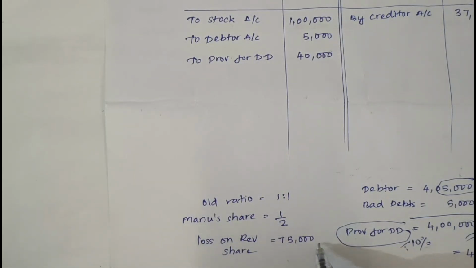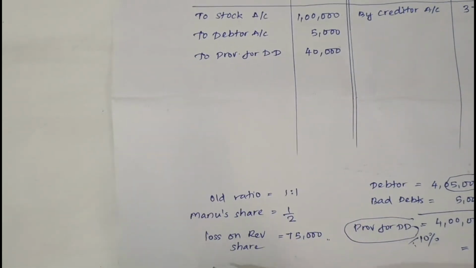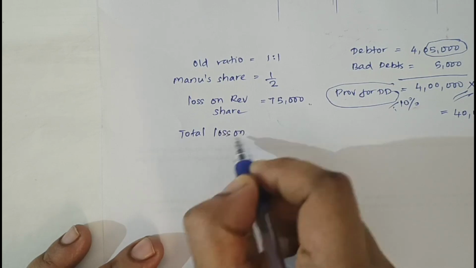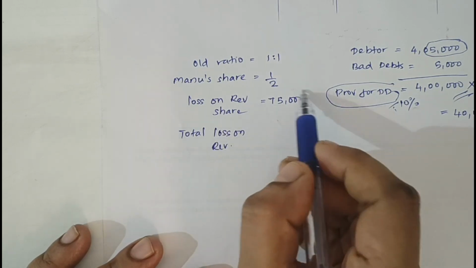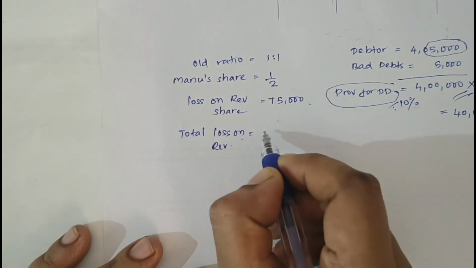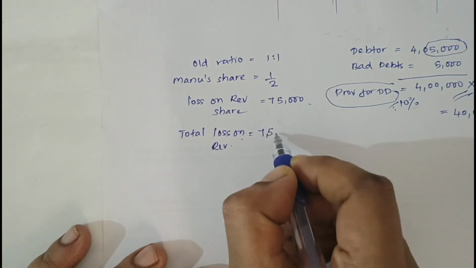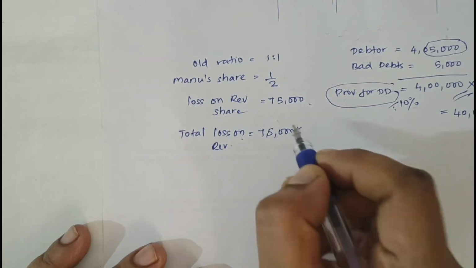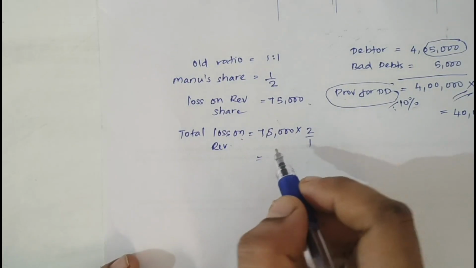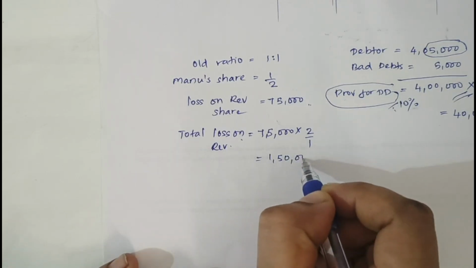So his loss on revaluation share is 75,000, and we have to find the total loss on revaluation. Manu's share is 1/2, so it will be 75,000 into the reciprocal of his share. That is how you find the total loss on revaluation, which is 1,50,000.